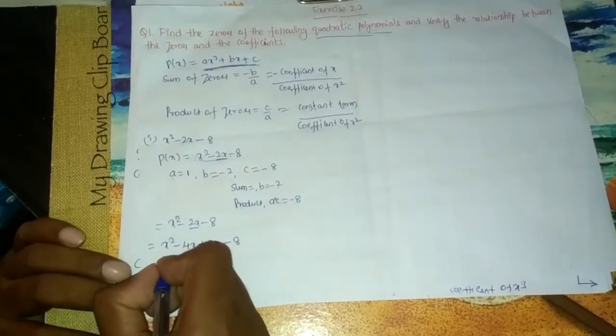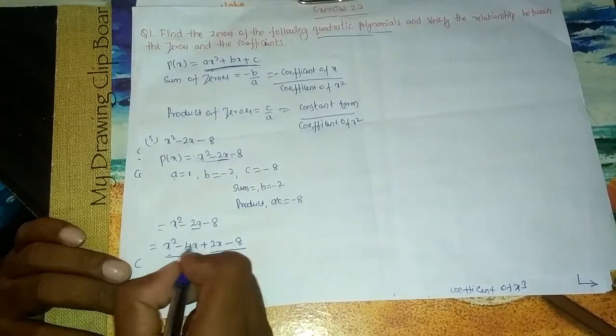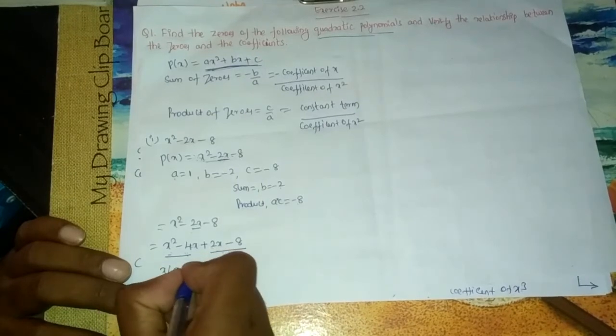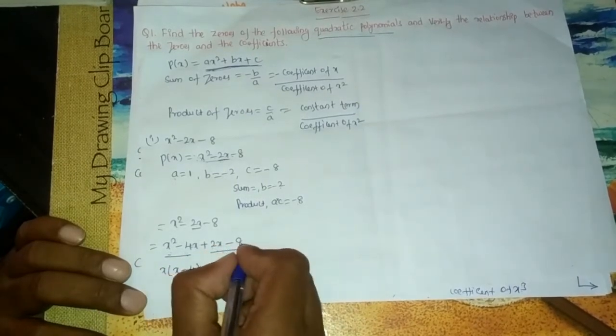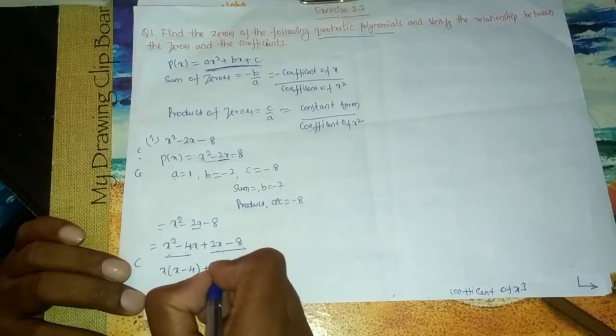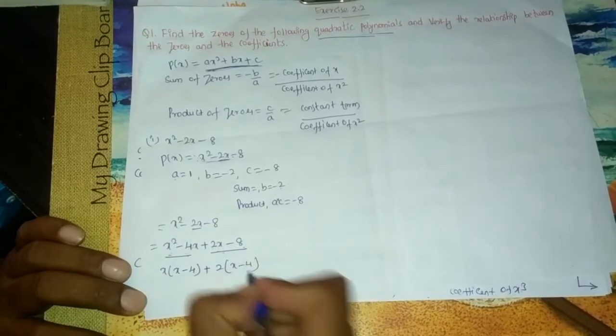So let us take common factors between these terms. In the first two we have x common, so I can write x minus 4. In the last two I can take 2 common, so I will write plus 2. So x minus 4.